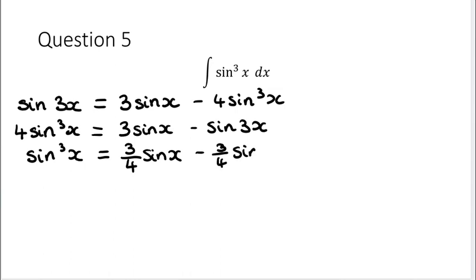And now what I have is two terms that are a lot easier to integrate. So rather than think of this as sine cubed, I'm going to think of it as 3 over 4 sine x minus 3 over 4 sine 3x.